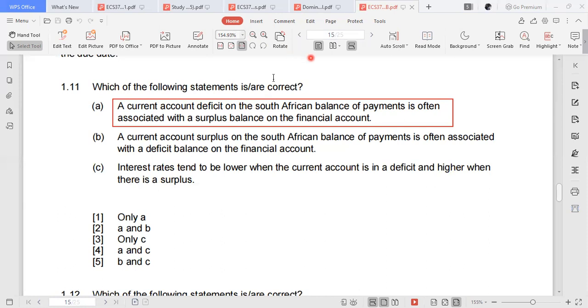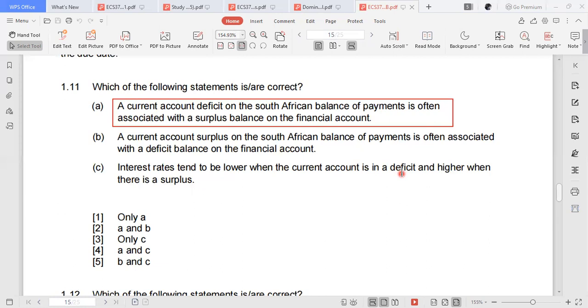Donovan, what's your take? I was just thinking about statement number C. If the interest rate tends to be lower when the current account is in deficit, so that means our BOP is negative.